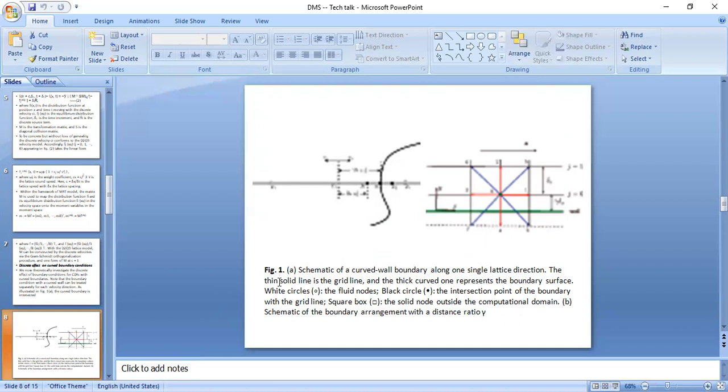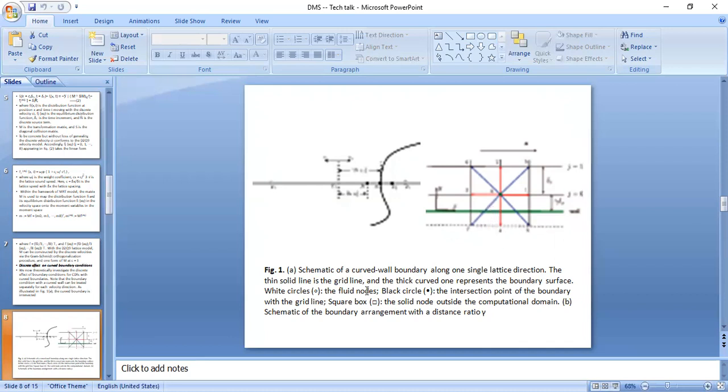The thin solid line is a grid line and the thick curved one represents the boundary surface. White circles are the fluid nodes, black circles are the intersection points of the boundary with the grid line, and the square box indicates the solid node outside the computational domain.